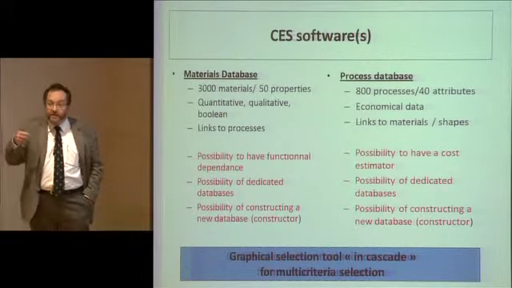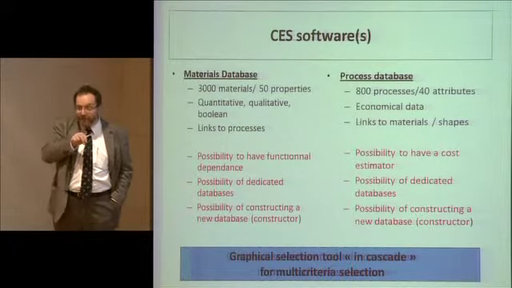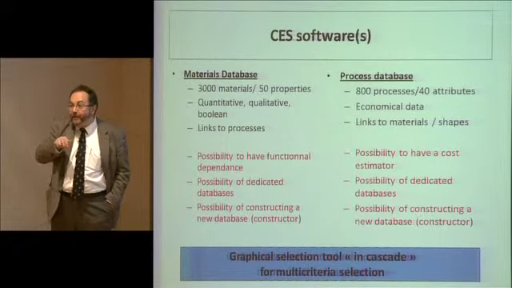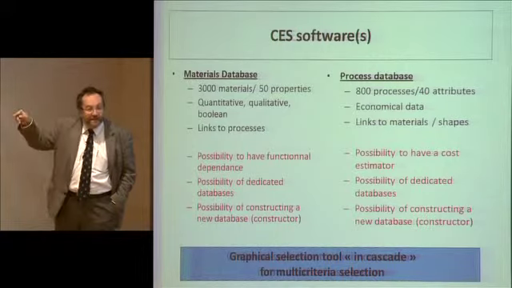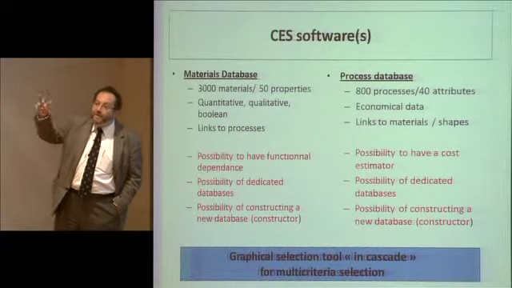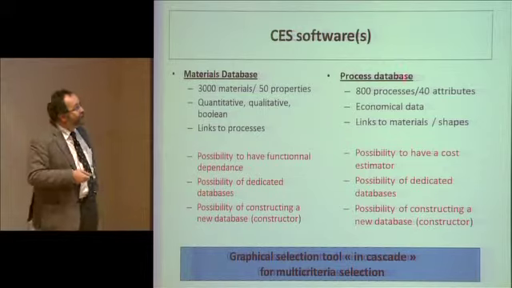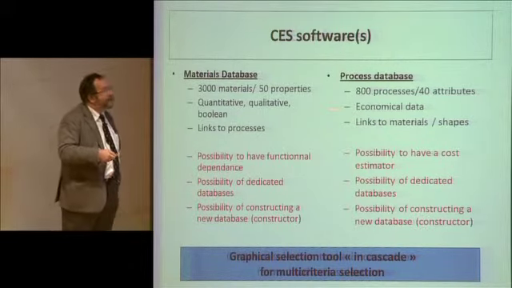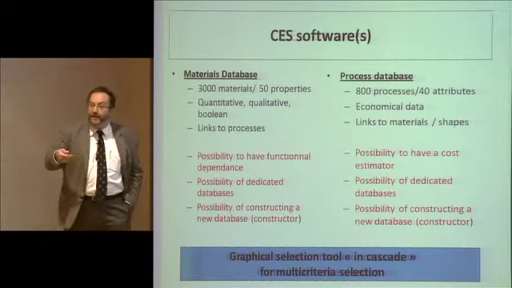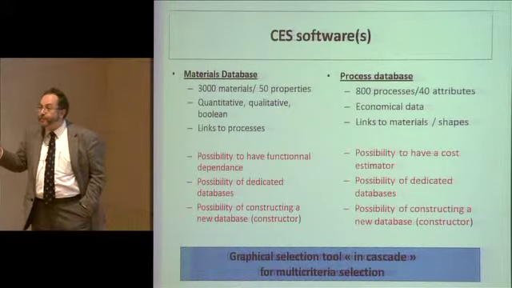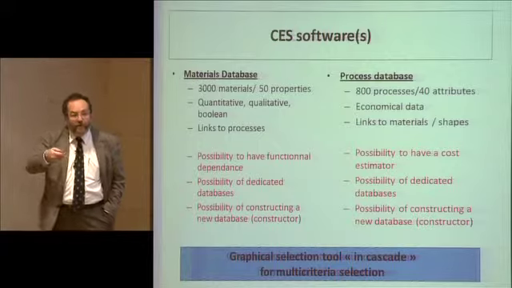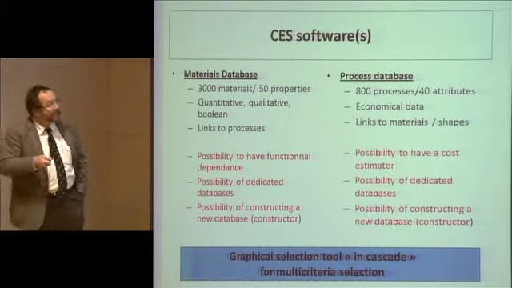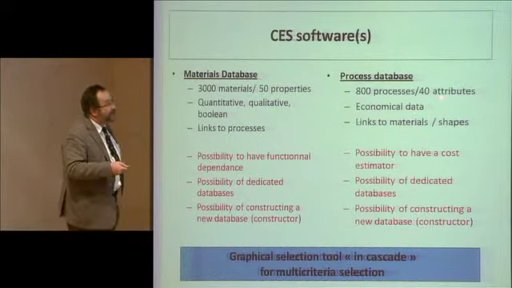So there are going to be links to the processes here. The information system has all sorts of processes and all sorts of materials, and you'll say, okay, such or such a material is possible with such or such a process. Then in the process database you have around 800 processes, and the equivalent of the properties here is attributes. The size, the roughness, the fine forms that you can create.